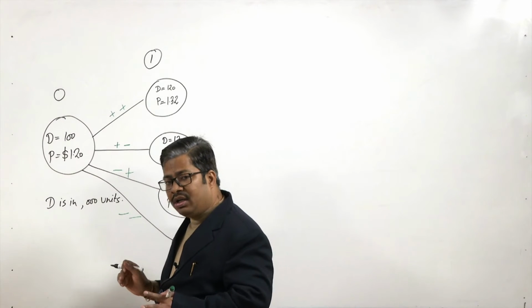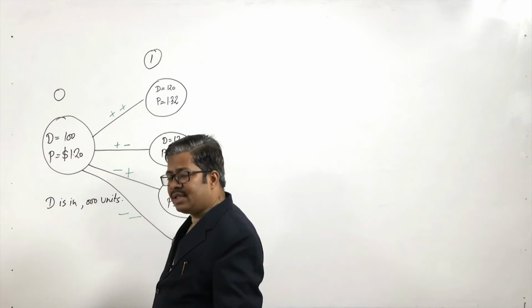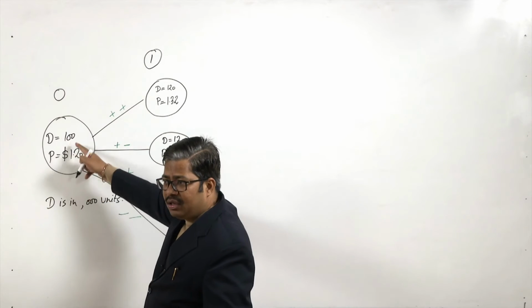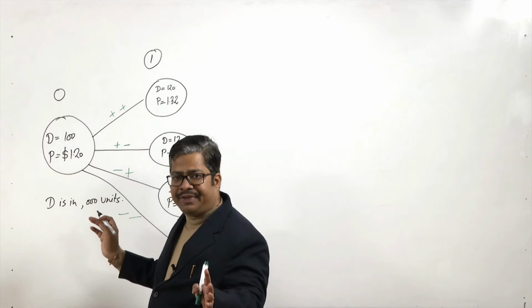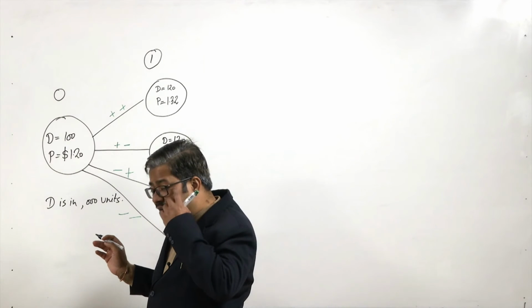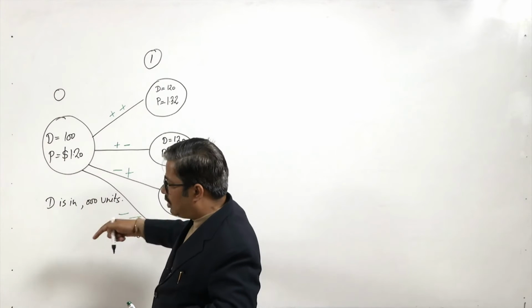So, all these four states are possible, and since price and demand are independent of each other, not affecting each other, we now need to assign the probabilities.